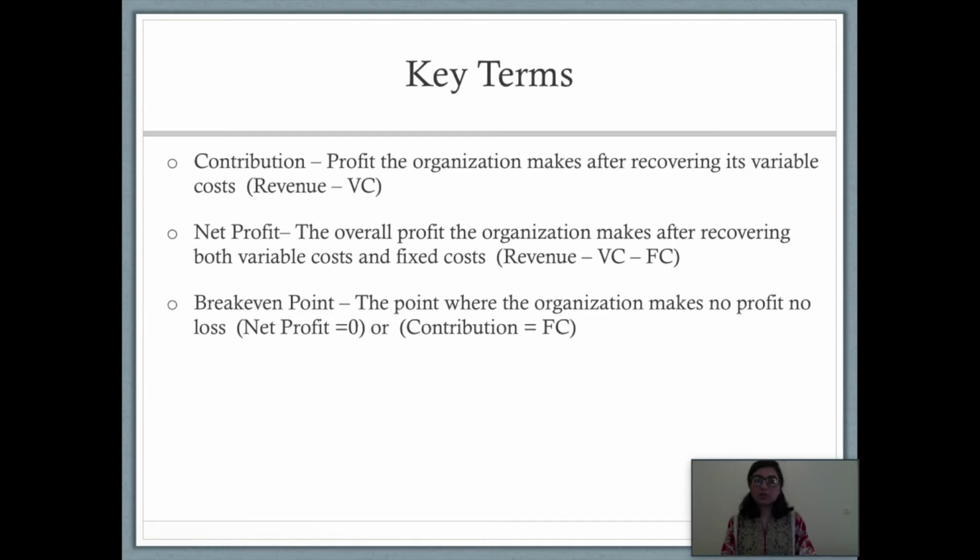So the first is called contribution. Contribution is a key terminology that is only used in management accounting. Why? Because it explains how much the organization has contributed towards its profits. It tells us how much the company has recovered from its variable costs only.